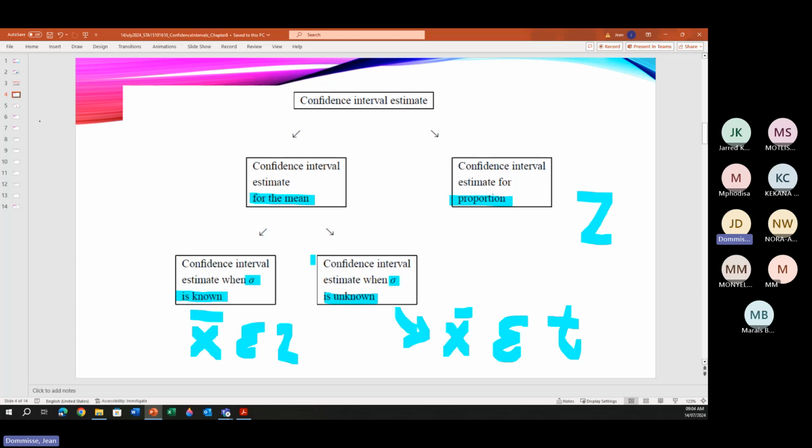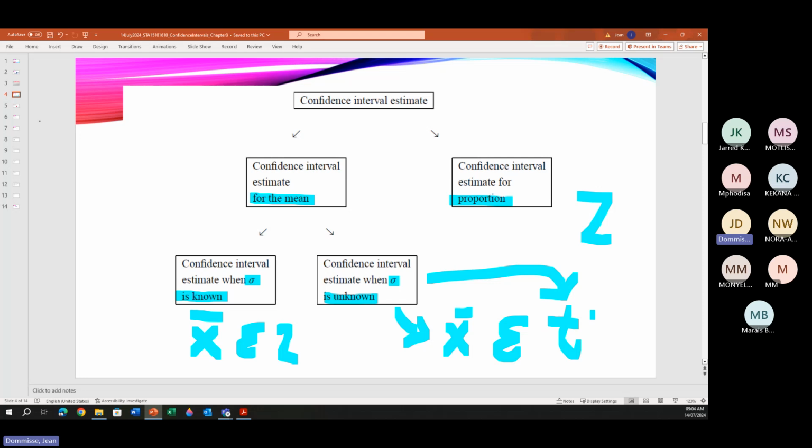Now we're taking a step further. So if your standard deviation is known, we still work with a Z. If your standard deviation is unknown, we will venture into using a T.